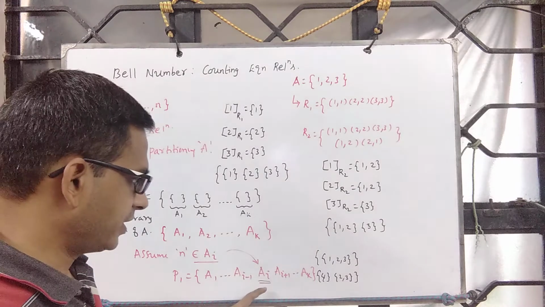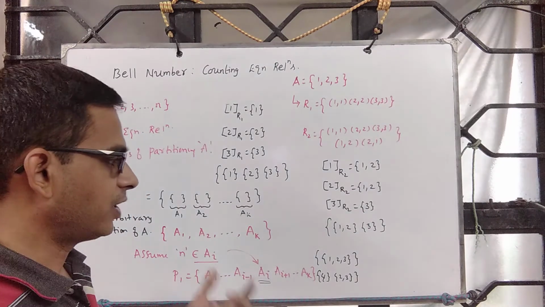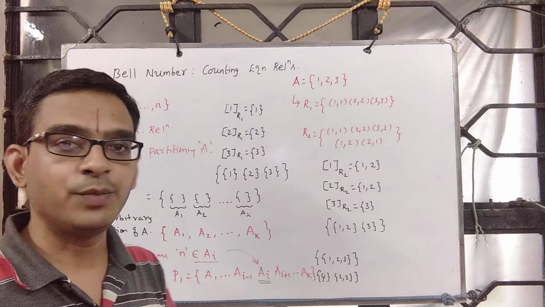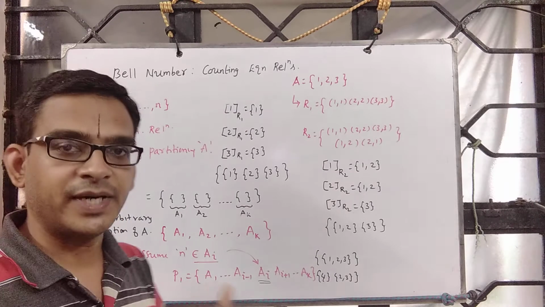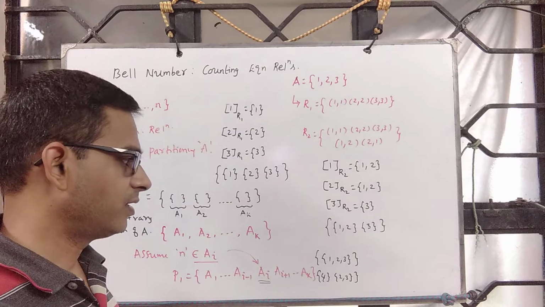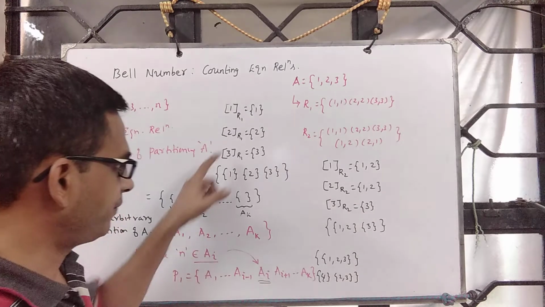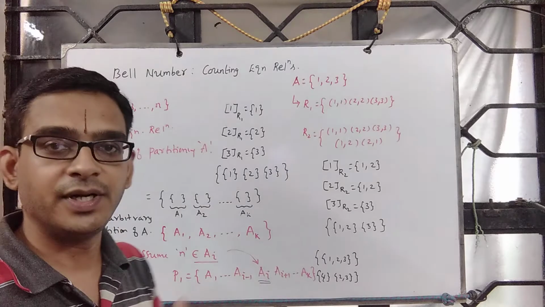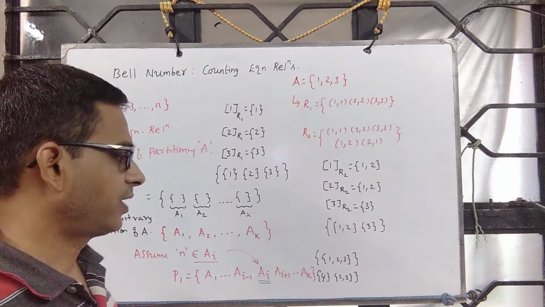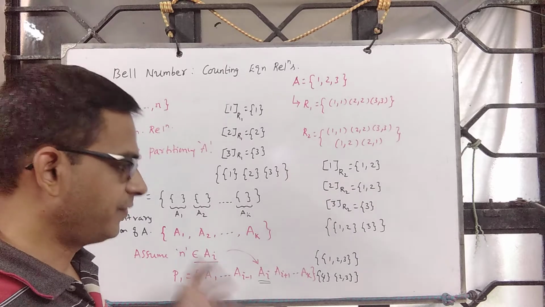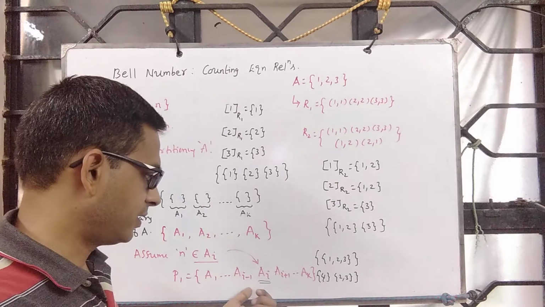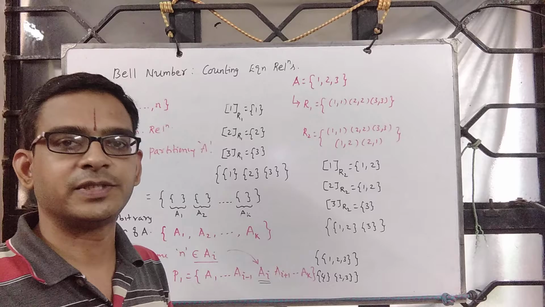Now focusing on this, let us count how many different equivalence relations, or how many different partitions, one can generate, or how many different ways of listing all possible equivalence classes, and they are all isomorphic to one another. We will count them via this model or representation.